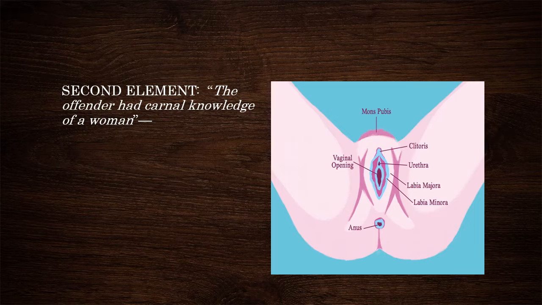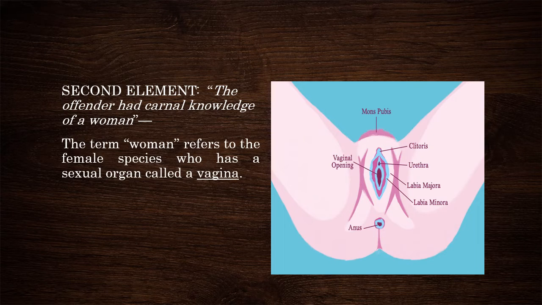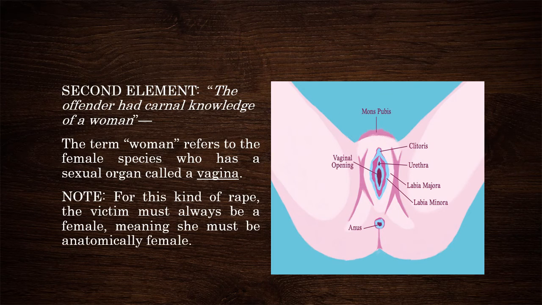That the offender, who is a man, has carnal knowledge of a woman. Meaning to say, the term woman refers to the female species who has a sexual organ called a vagina. Now, for this kind of rape under Article 266-A, Paragraph 1, the victim must always be a woman, meaning to say she must be anatomically female.